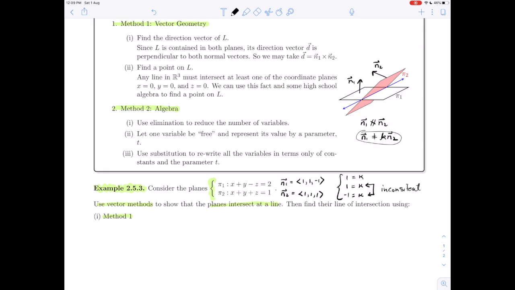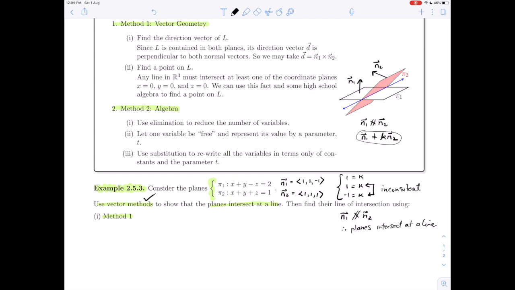And if that little system is inconsistent, then the normal vectors are not parallel, and therefore that was all we needed to show that the planes intersect at a line. So that's the first part done.